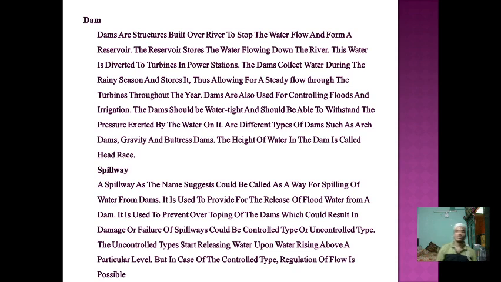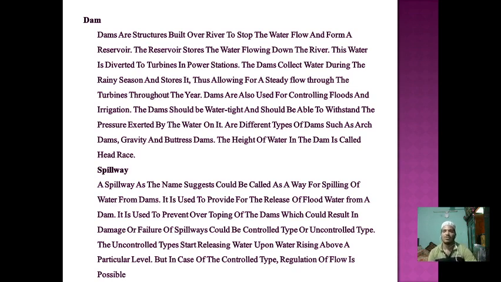The reservoir has a store of water. We can store that water, and we can control the water flowing down the river. This water is driven to the turbine for the power station.